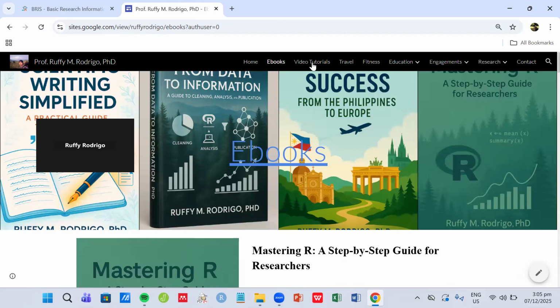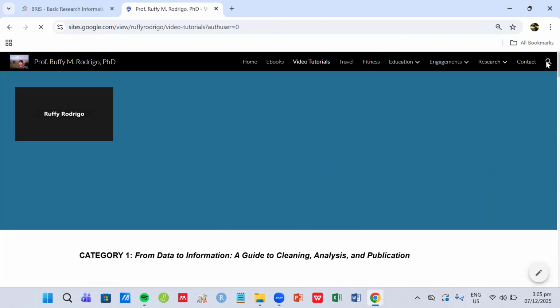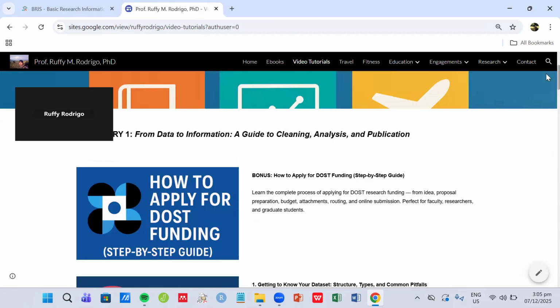So today is our first tutorial. There are a lot of people who ask me how to get funding from the UST. As a young researcher, I think this is the most crucial part in terms of getting your project funded.